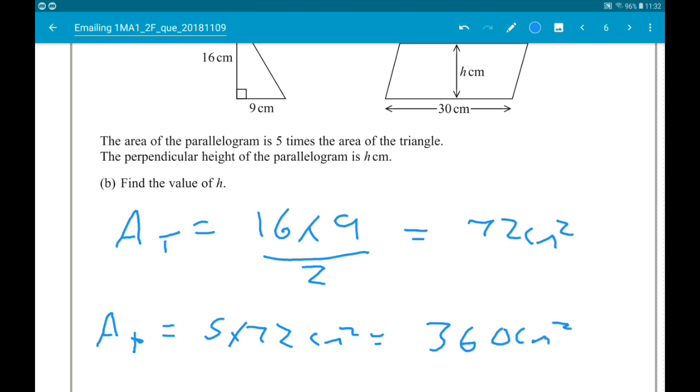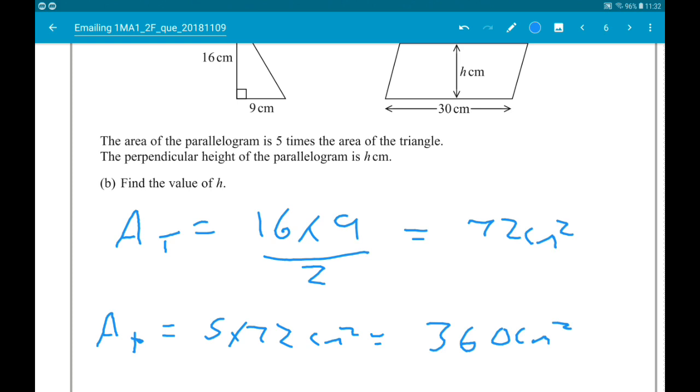Okay, now we need to get the dimensions of the parallelogram involved. So as I said, it's the same as a rectangle, so it's base times height.